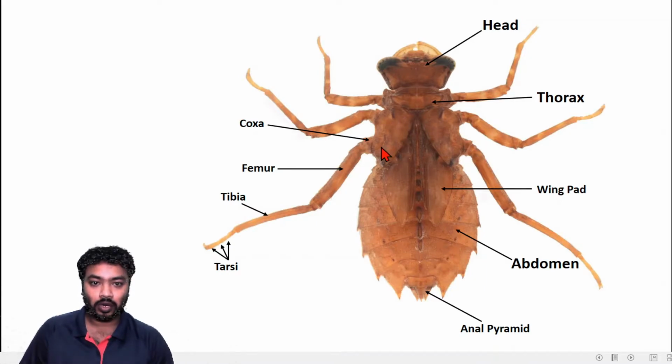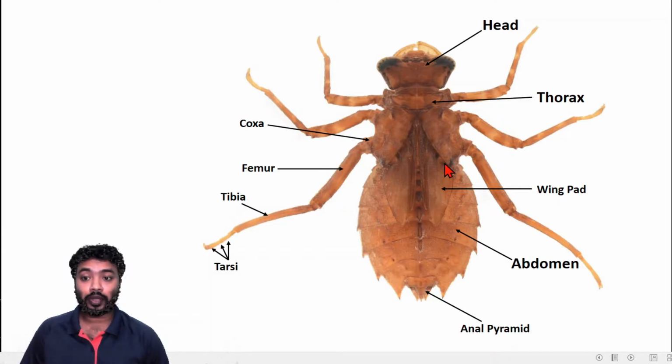And from the thorax you can see two pairs of wing pads or wing buds. These are not the future wings, but the future wings are actually inside that wing pad.